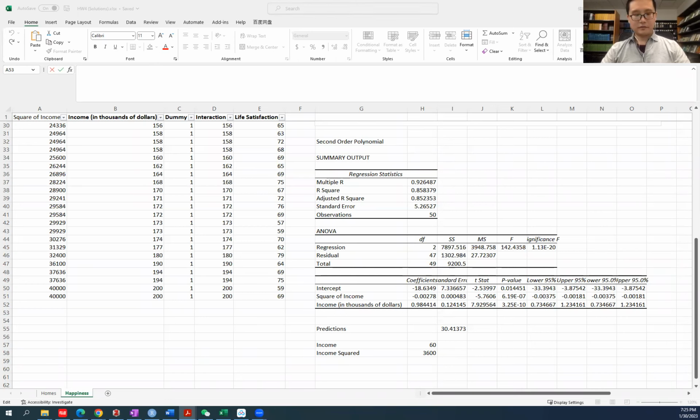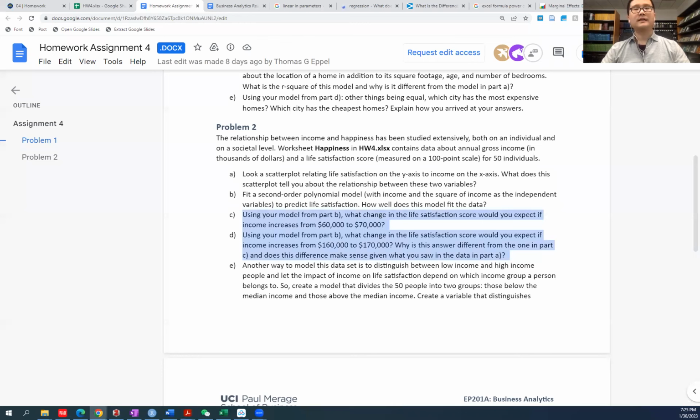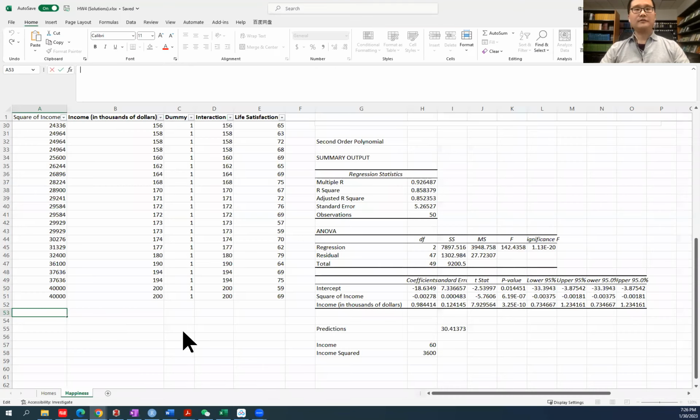First, we need to input the values of predictors. In this case, the predictors are income and the square of income, right?